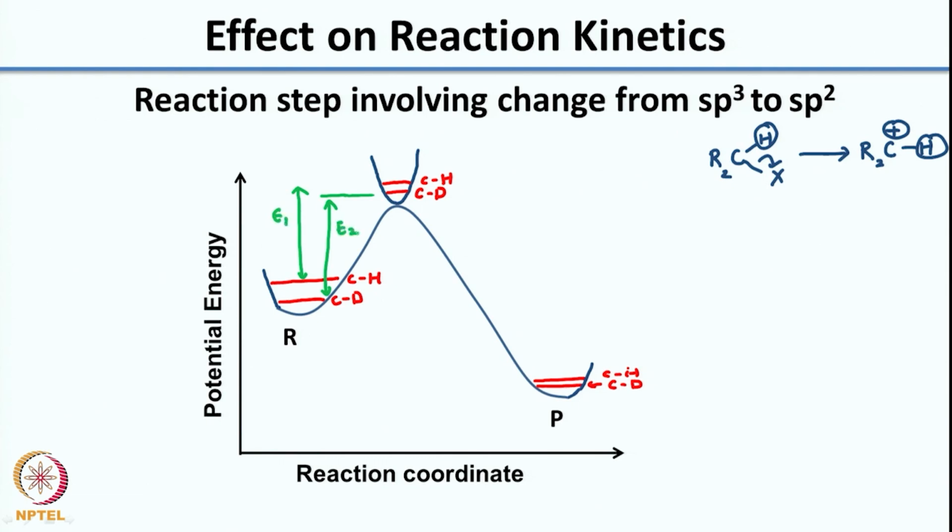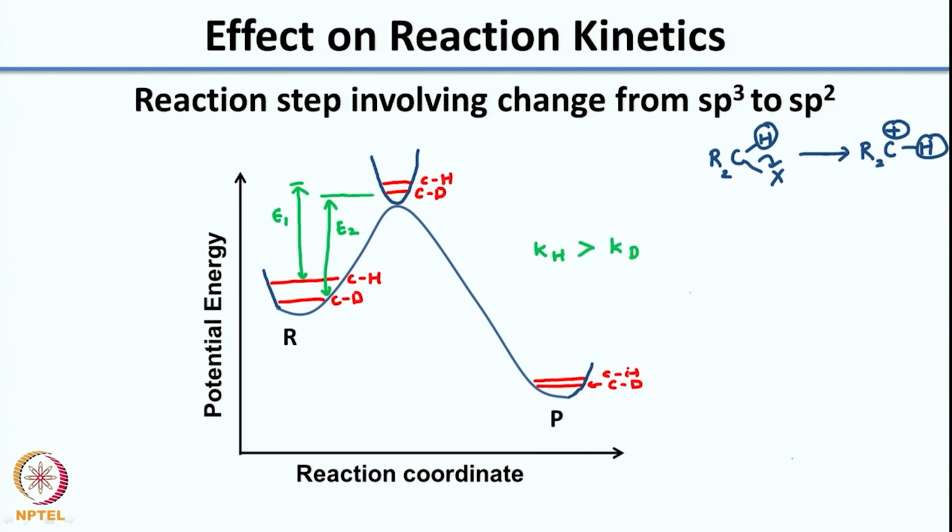Again the same example that we had seen earlier. So, we are talking about climbing a mountain. If you are already at a higher point and your destination is almost the same, then you have a smaller distance to travel. So, what you would see is KH would be greater than KD.